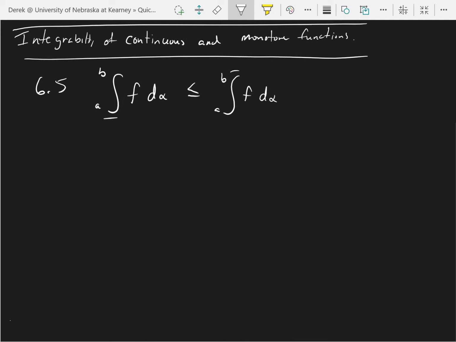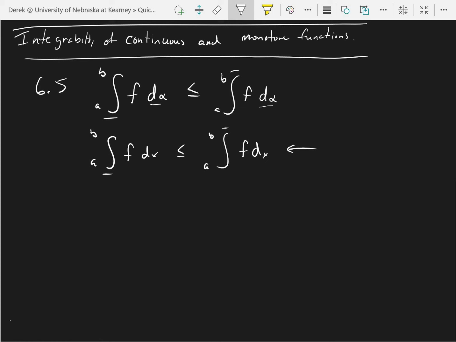Well, if we don't like the Stieltjes stuff, we can just think of this as the lower integral from a to b of f dx is less than or equal to the upper integral from a to b of f dx. This weight function is sort of nice sometimes. You can take weighted averages that way, but for this course I just want to deal with the regular weights where everything is weighted the same.